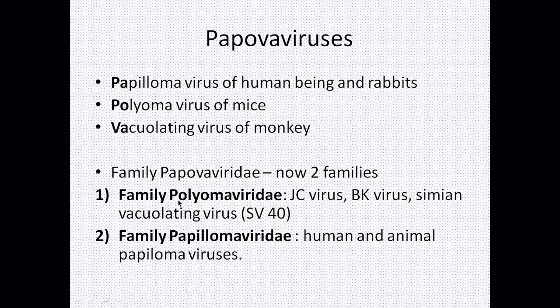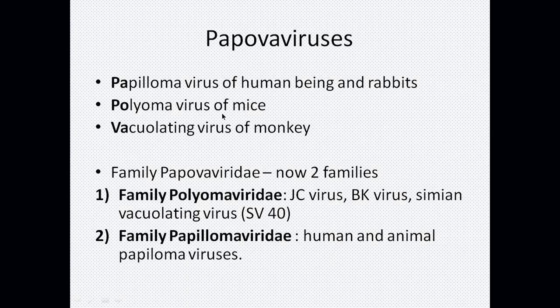The first is the family Polyomaviridae, which contains JC virus, BK virus, and SV40, that is simian vacuolating virus 40. While the second is the family Papillomaviridae, that is the human and animal papilloma viruses.